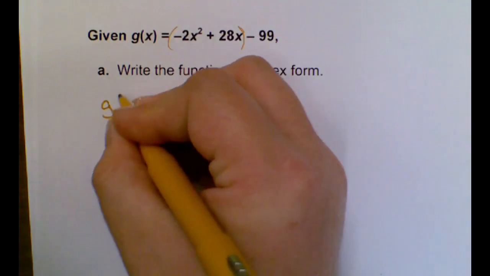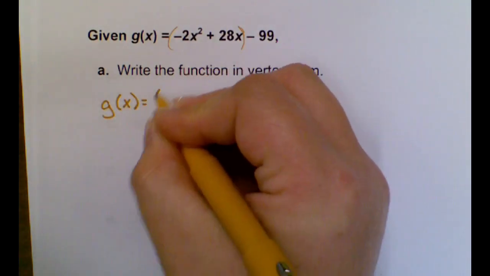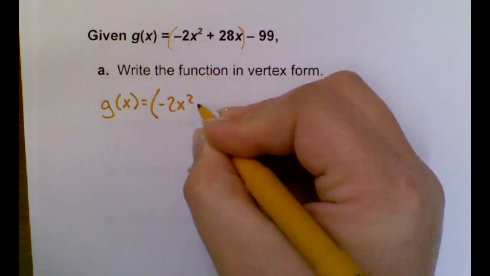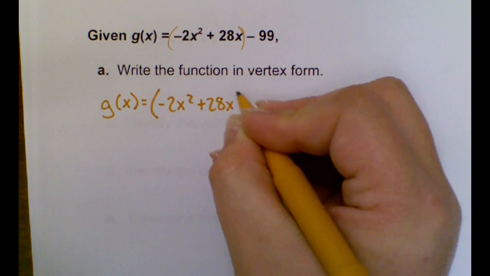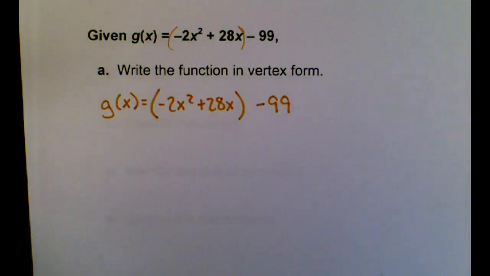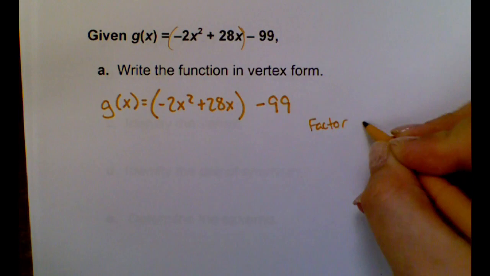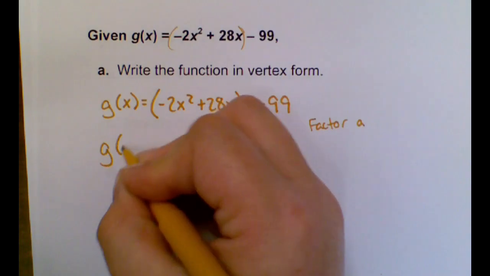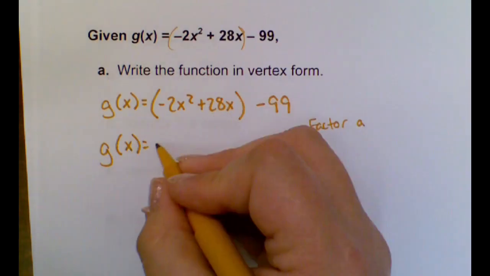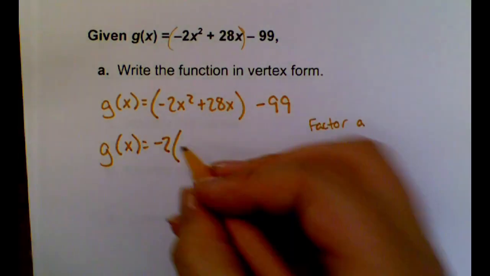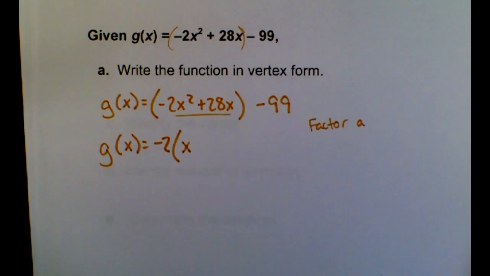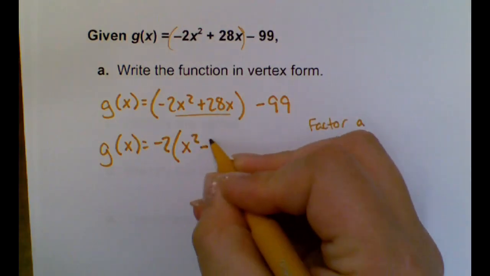So g of x equals negative 2x squared plus 28x minus 99. Then we factor out a. So g of x equals, my a value is negative 2, so I take that out of both of these terms. So I have x squared minus 14x.